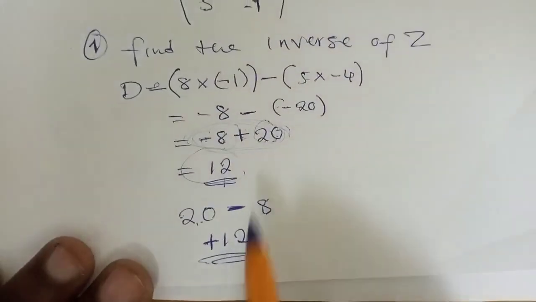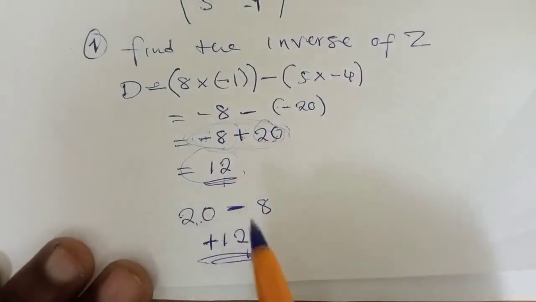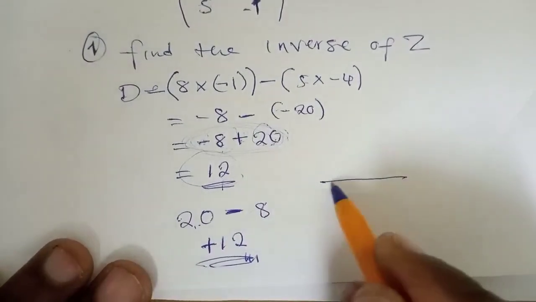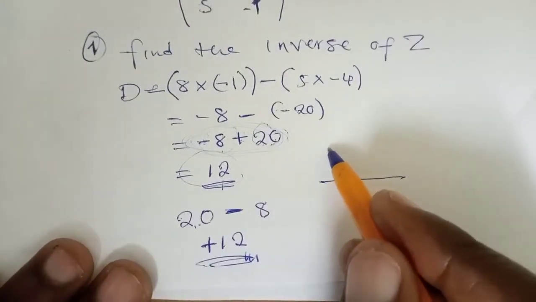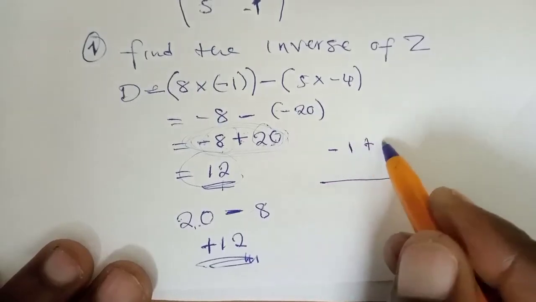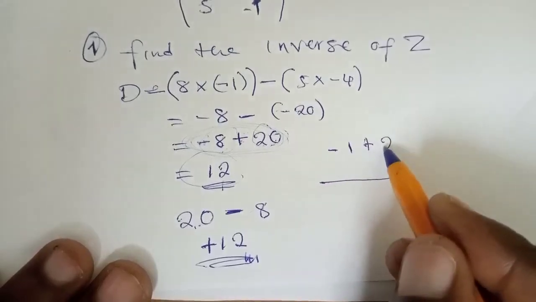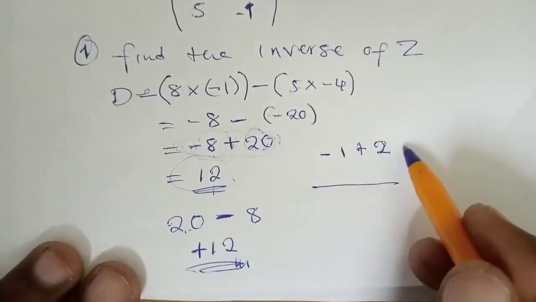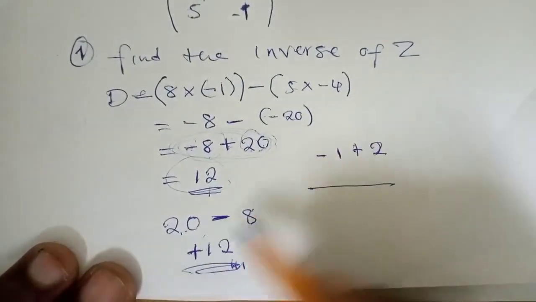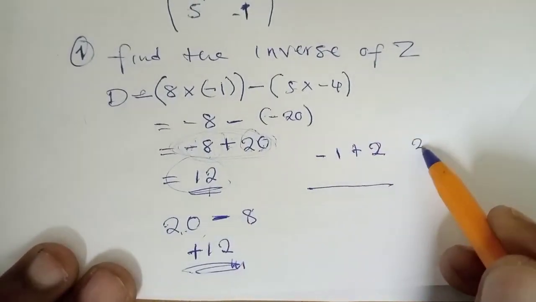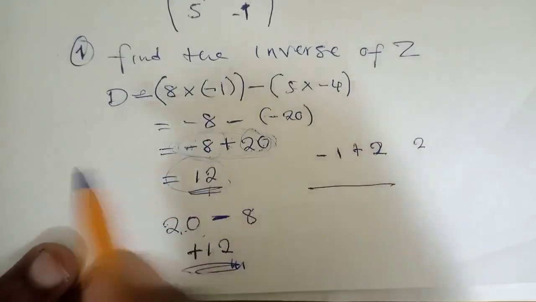If you find it difficult, you can either use this or there is the other formula. For instance, they are asking you to find negative 1 plus 2. Using this formula, the bigger number is 2, so you put it on the left side.